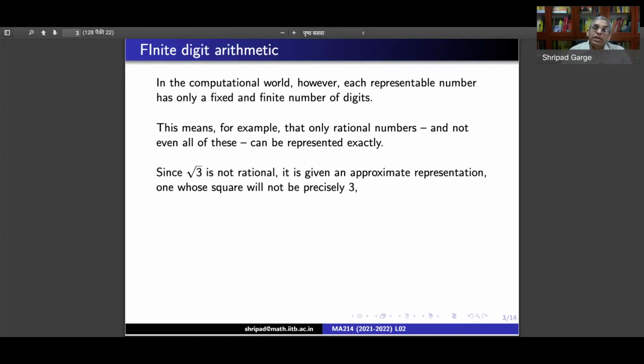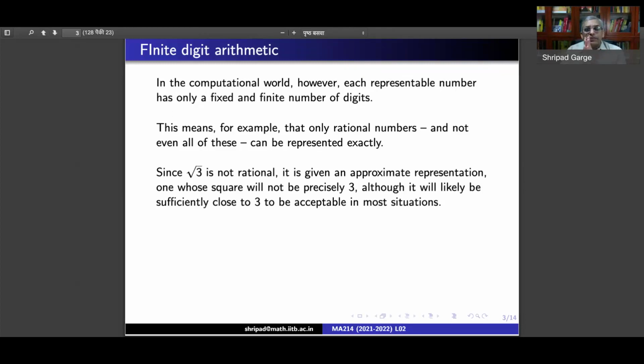So the square of that number will not be precisely equal to 3, but it will be very close to 3, sufficiently close to be acceptable in most situations. For instance, if you take the number 3 on a calculator, take its square root, and then take the square of the resulting number, you are likely to get 3 back. But if you do it for some other complicated numbers, this is unlikely to happen.